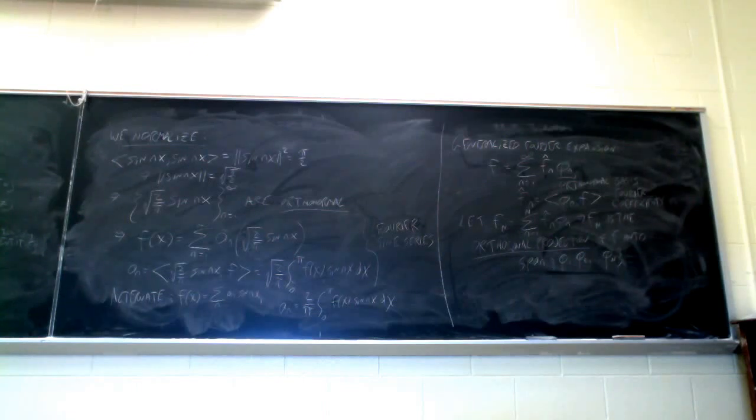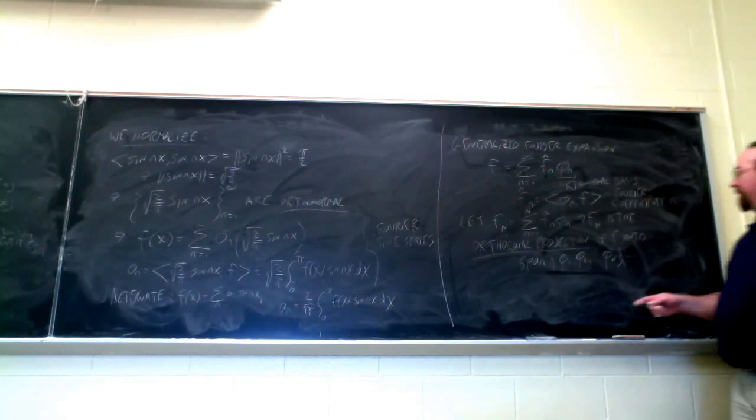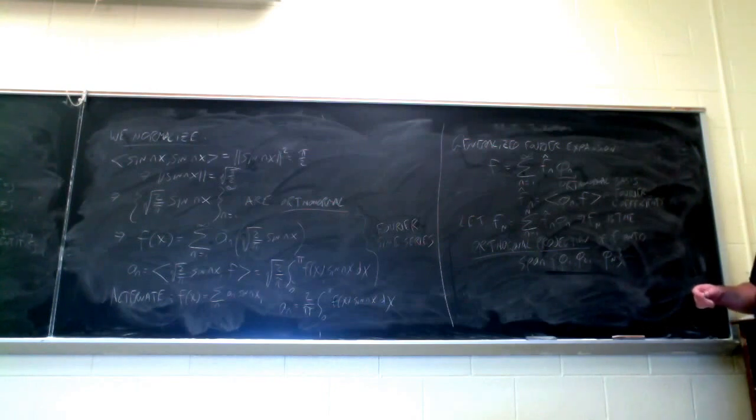So right away, because you have a finite number of values, you're restricting your function to a finite dimensional subspace. And you may be using some finite dimensional subspace like sine x, sine 2x, sine 3x up to sine nx to represent your function.